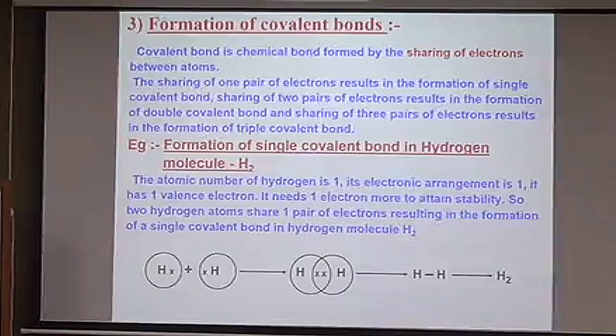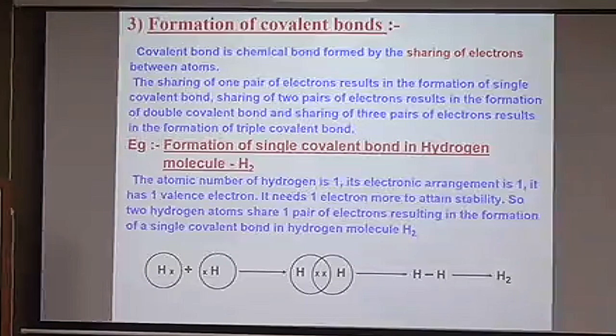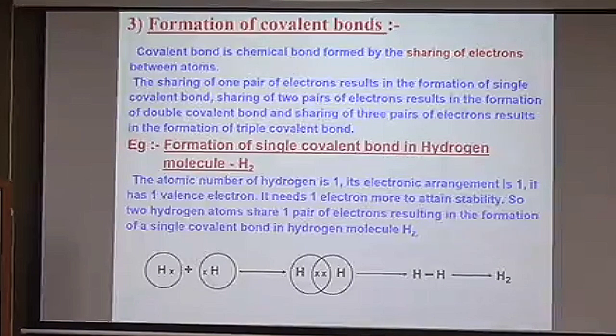Again, it's 6 valence electrons, out of this, which it shares only 2. This way we can draw the electron dot structure. The shared pair of electrons are with both the atoms and they get chemically bonded, but now they are sharing 2 pairs of electrons. Such a bond we call double covalent bond. So oxygen in its molecule forms a double covalent bond.